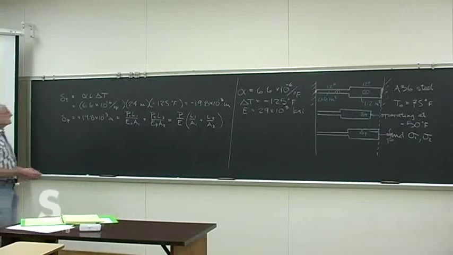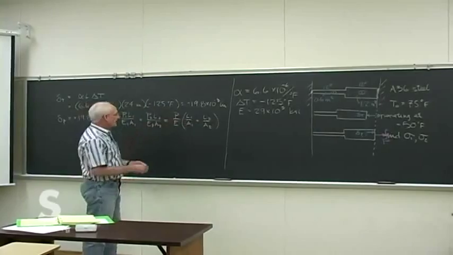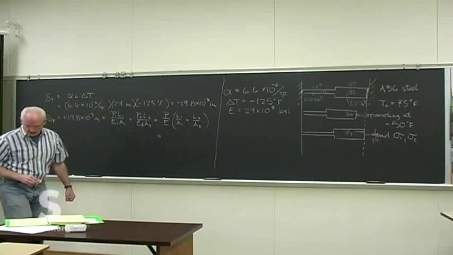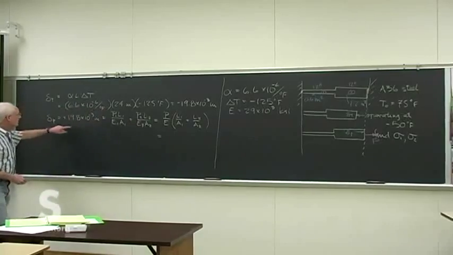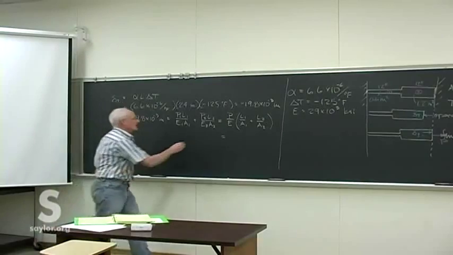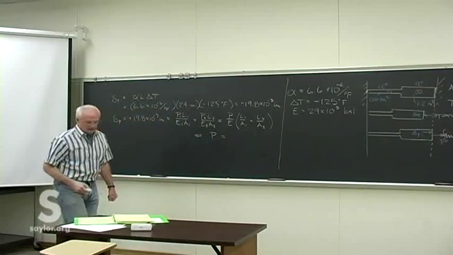So let's say we've got all those pieces. We've got P, E, L, and A, it's all in there. And no, P we don't have. We set it equal to this and solve for P. That's what we're looking for.